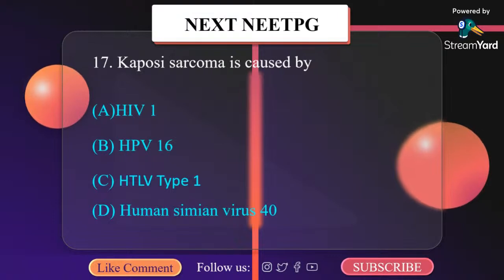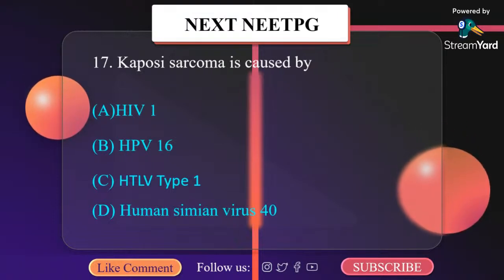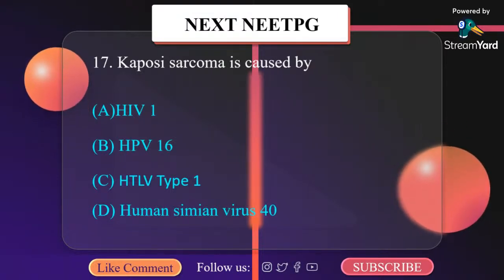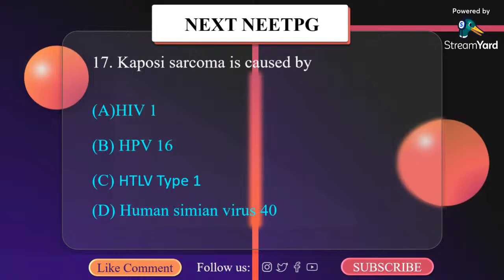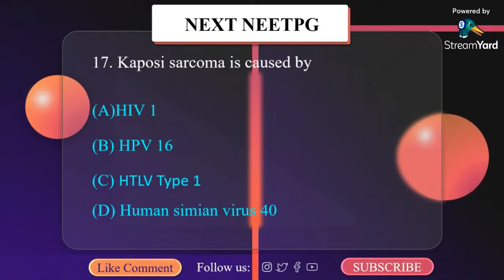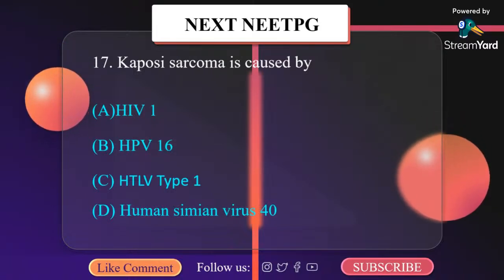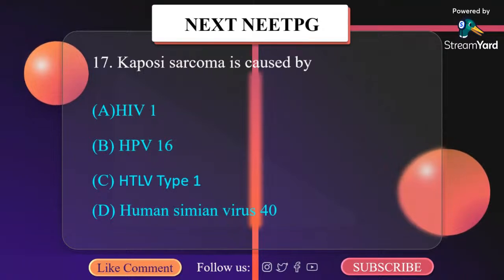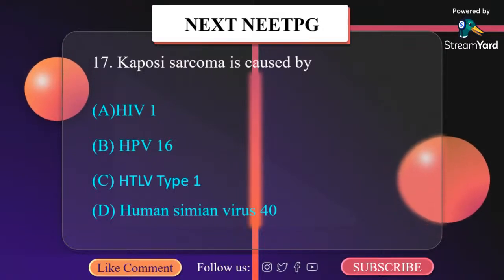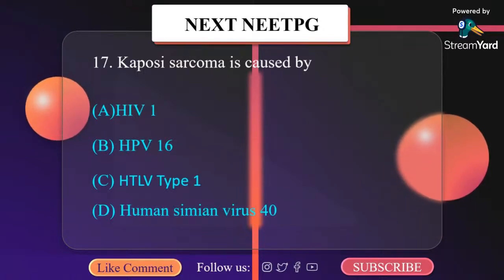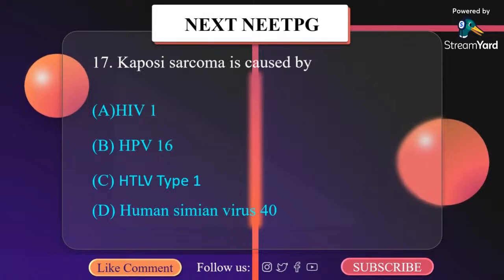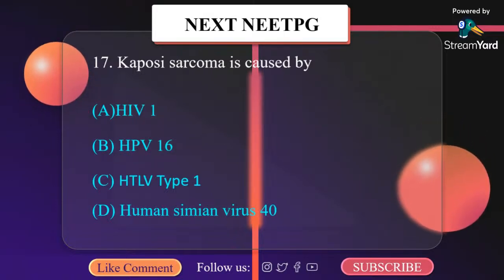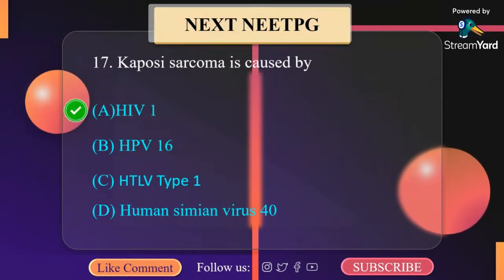Epstein-Barr virus causes Burkitt lymphoma, Hodgkin's disease, nasopharyngeal cancer. Hepatitis B and hepatitis C cause hepatocellular carcinoma.